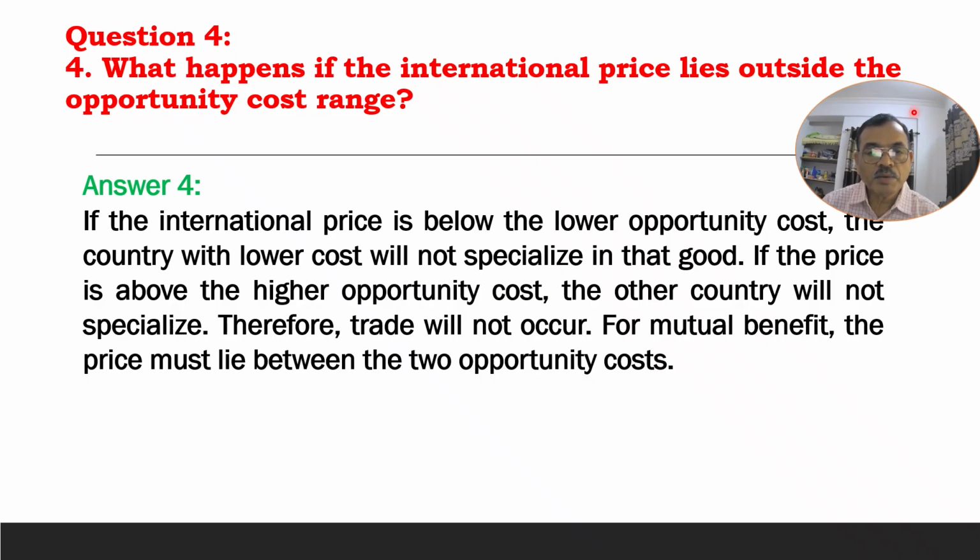If the price is above the higher opportunity cost, the other country will not specialize. Therefore, trade will not occur. For mutual benefit, the price must lie between the two opportunity costs.